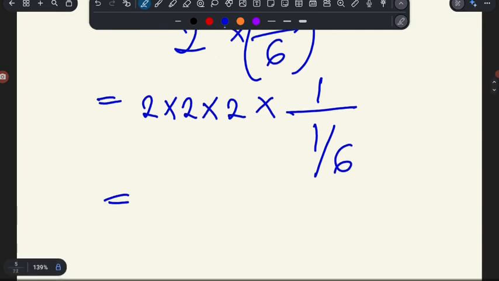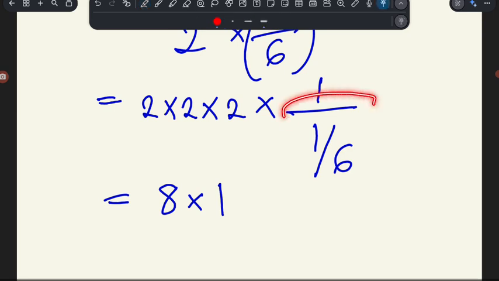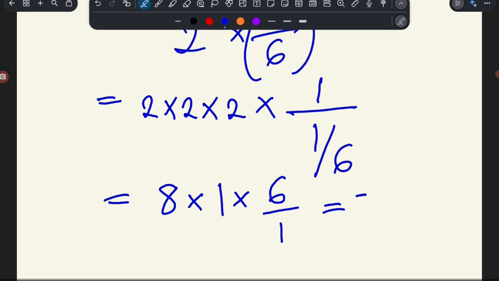So you try to relate it in the form that 8 times 1. You know this division, the moment you want to change to times, 1 over 6 will reciprocate. So in view of that, it will now be 1 times 6 over 1, which will give you 8 times 1 times 6. And everything will give you 48. So, that is how it looks like.